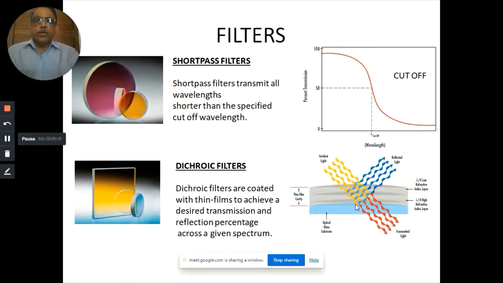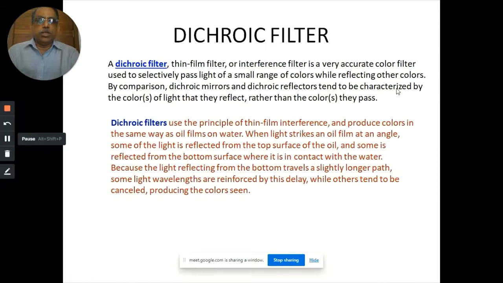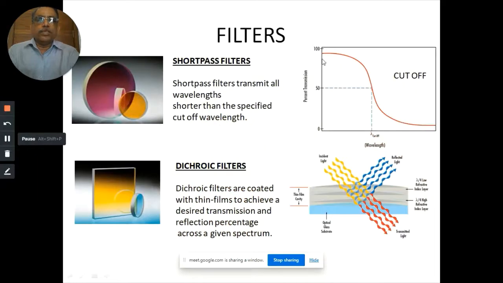And you can have short pass filters. You can also call them cut off filters. Earlier regions it allows, and that's called a short pass. Long pass allows long wavelengths; short pass allows short wavelengths. So you generally call them cut off filters also. These are two nomenclatures or jargon they use, but I think the convenient one is long pass and short pass, as it easily matches the wavelength that you are using.